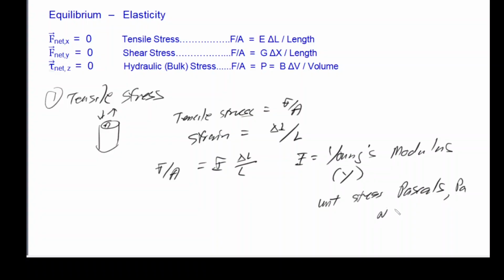And also these are newtons per meter squared, and can also be given as PSI, pounds per square inch. So in this equation, this would be stress. This is the actual strain. And that's the modulus, in this case, Young's modulus.